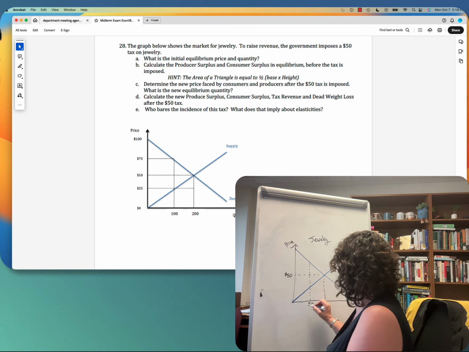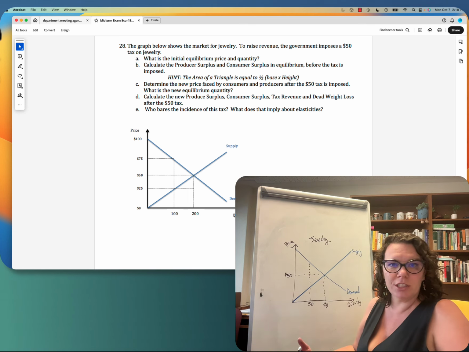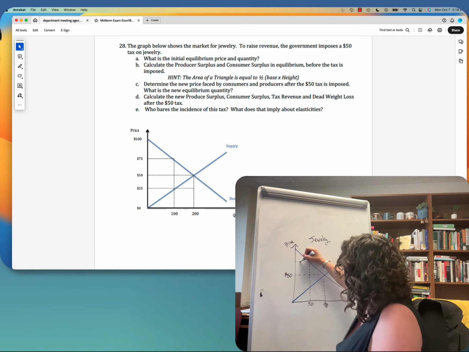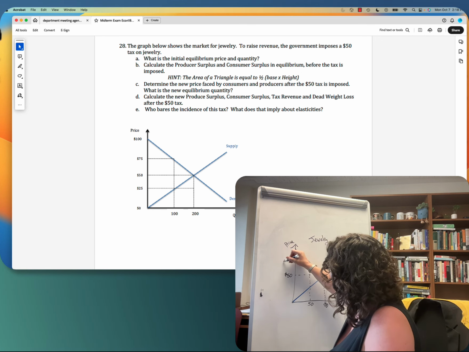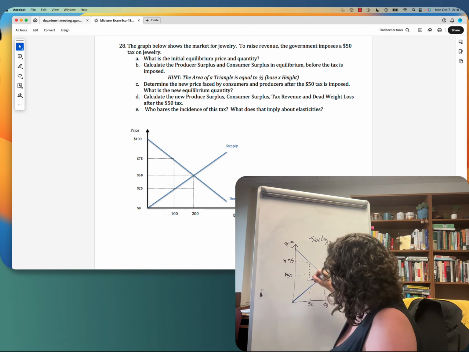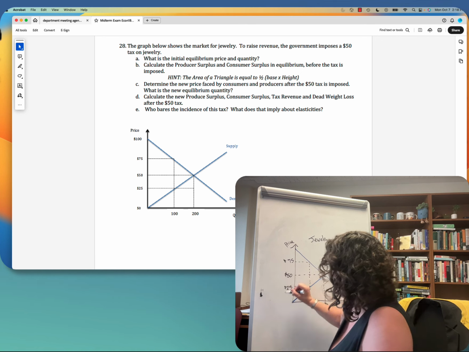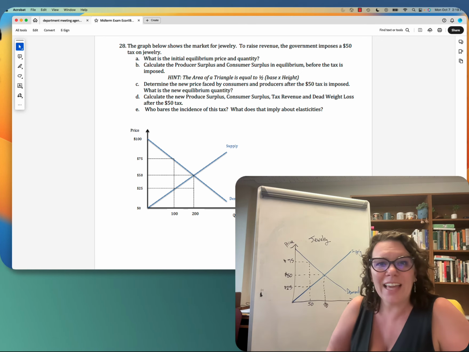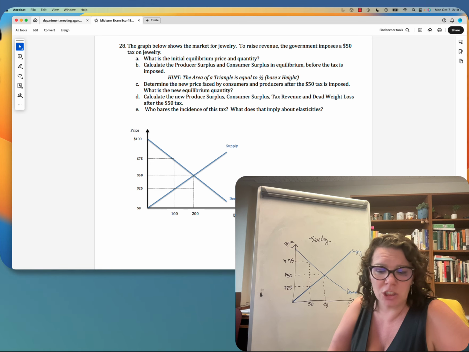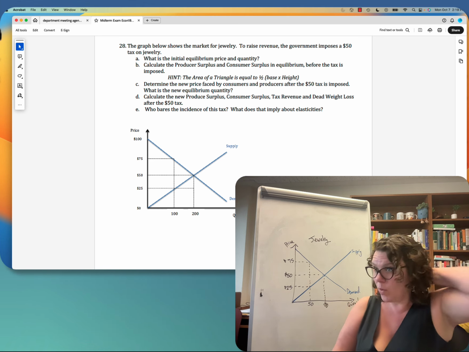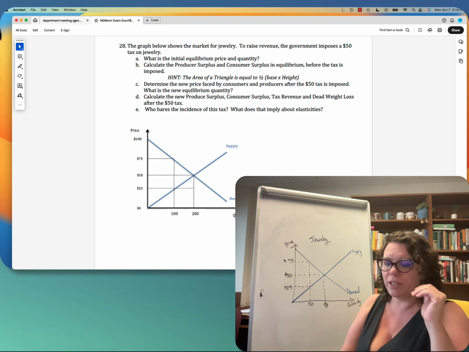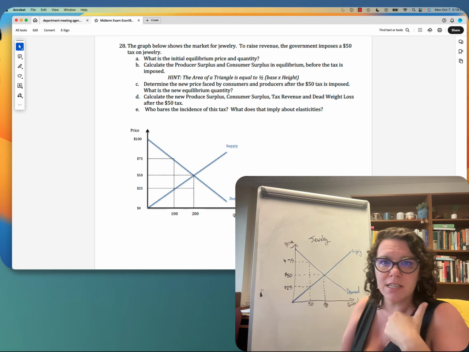So if you had the 100 version, then it would have looked like this graph here. And if you had the 200 version, it would look like the graph showing up behind me. The calculations are slightly different, but the intuition's the same, and all the questions are the same. So we start out asking for the equilibrium price and quantity.